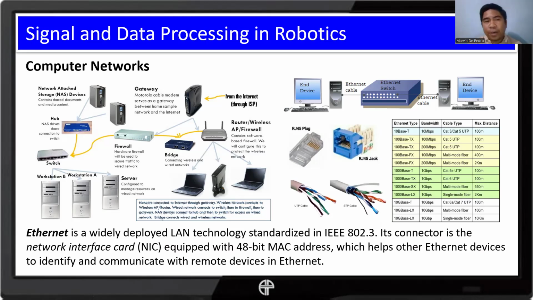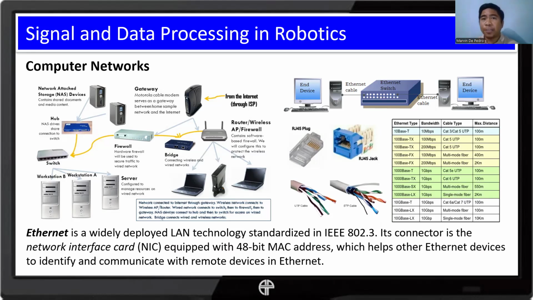Okay, one of such technologies is the Ethernet. This is a widely developed local area network technology, or LAN, standardized in IEEE 802.3. And its connector is the network interface card, or the NIC, equipped with the 48-bit MAC address, which helps other Ethernet devices to identify and communicate with remote devices in Ethernet.